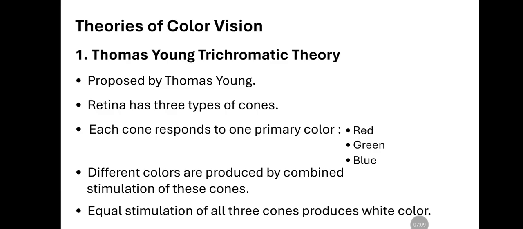Theories of color vision. Thomas Young, trichromatic theory, proposed by Thomas Young. Retina has 3 types of cones.